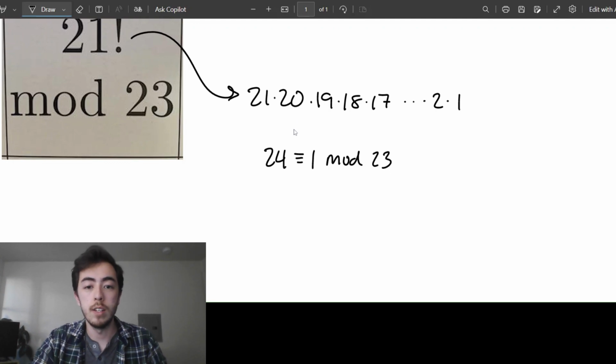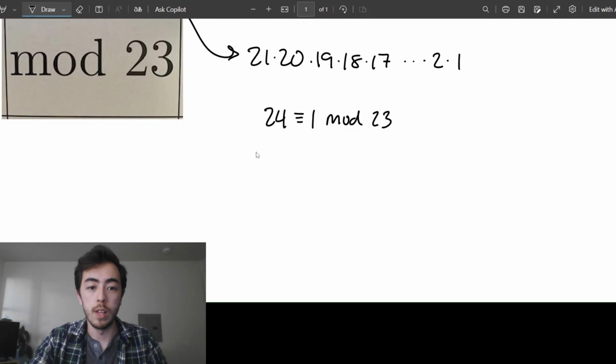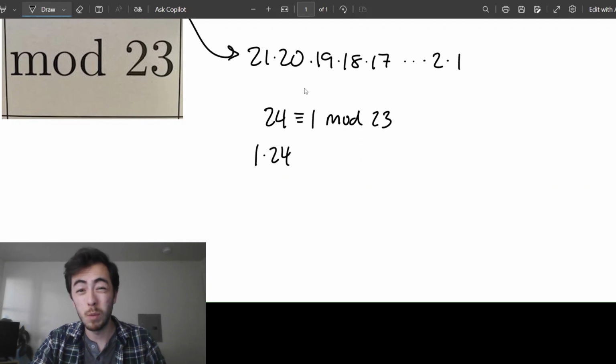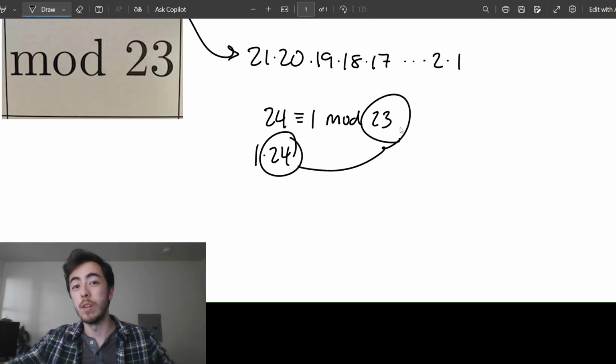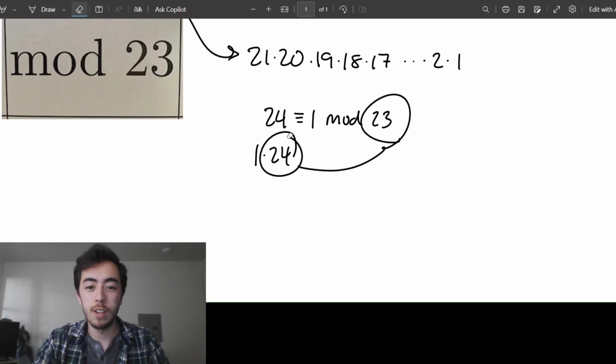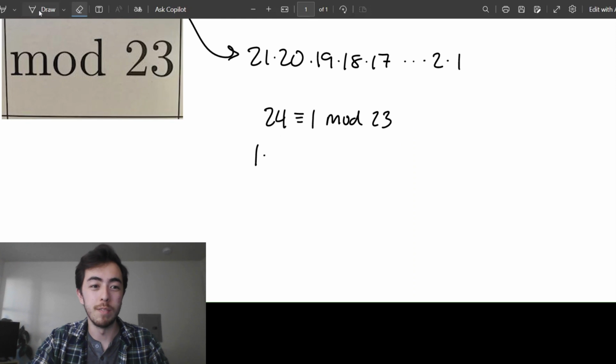And so if I find pairs of numbers that multiply to 24, then I will find numbers and their inverses. So for example, 1 times 24 could work, but I'm noticing that 24 is kind of outside the realm of mod 23. This 24 would have to be a 1. And then 1 is its own inverse because 1 times 1 does get me 1.